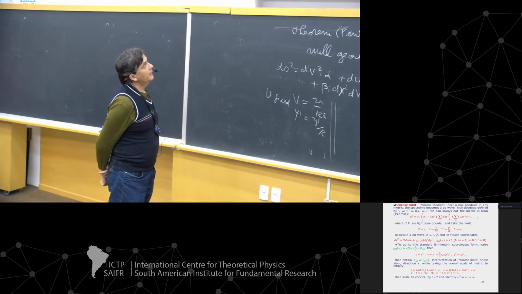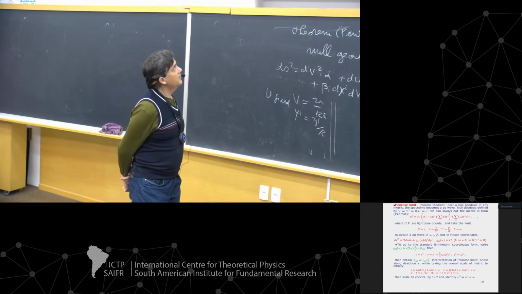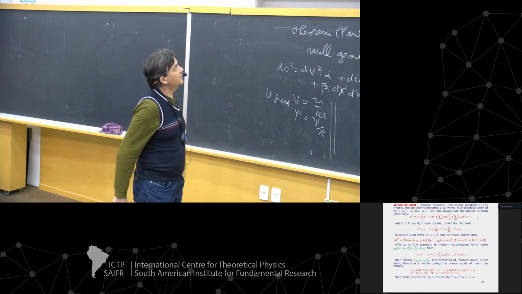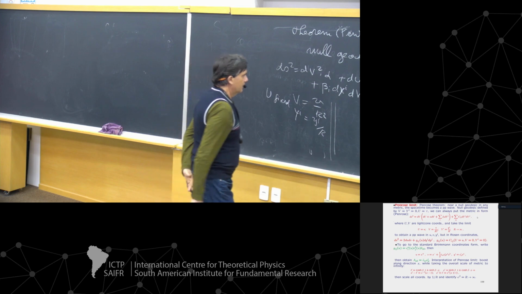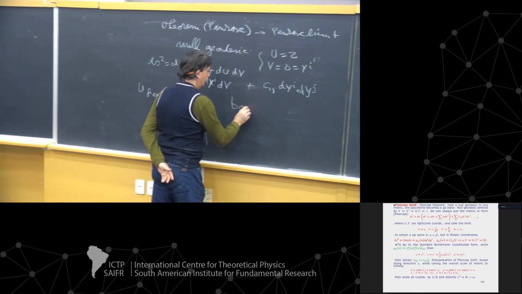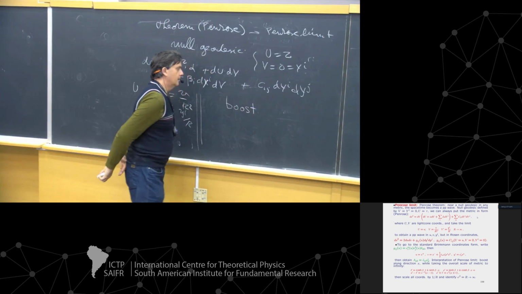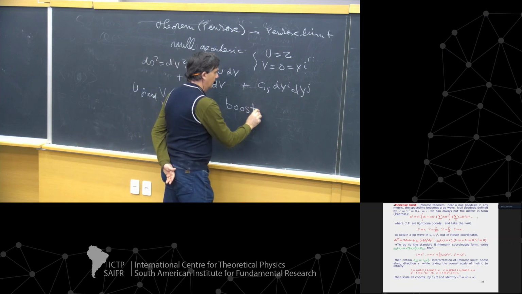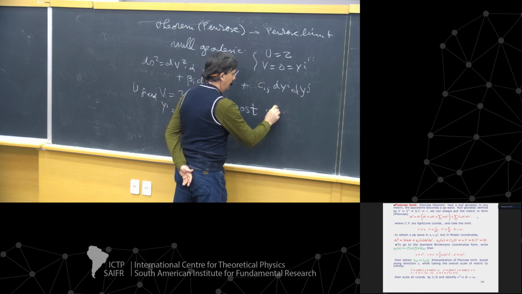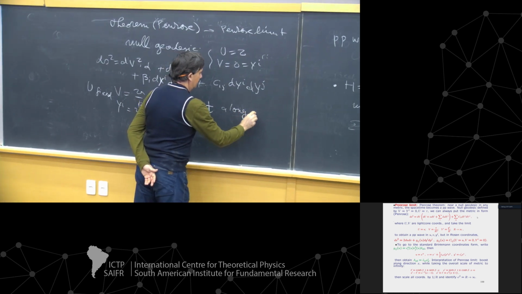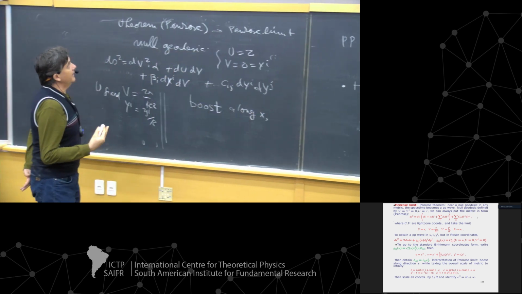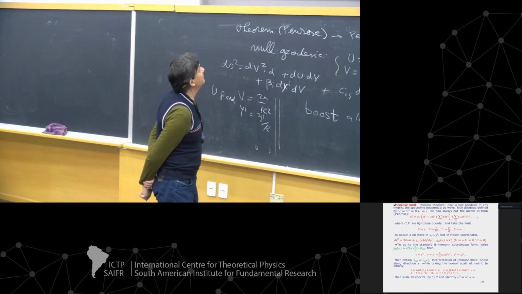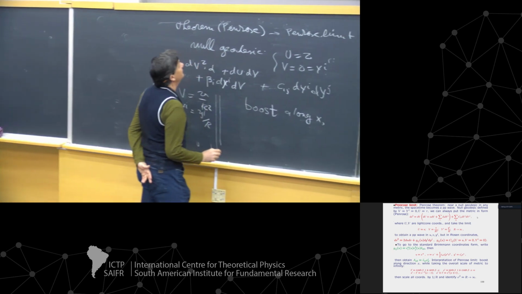The interpretation is I can boost along some direction. So if I consider a point in the curved space-time, I boost along a direction, x. And then I take the limit where the boost goes to infinity, and also the scale goes to infinity.